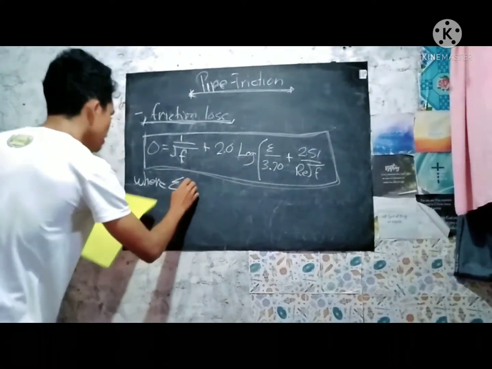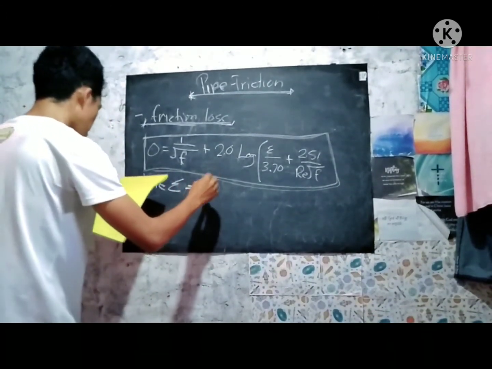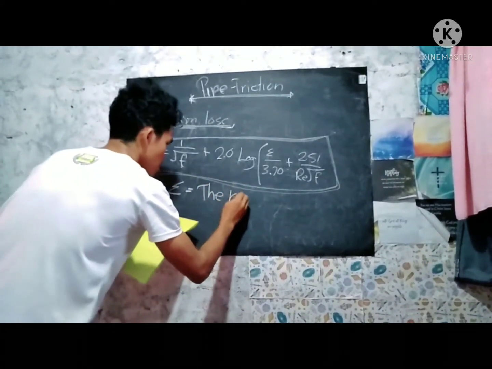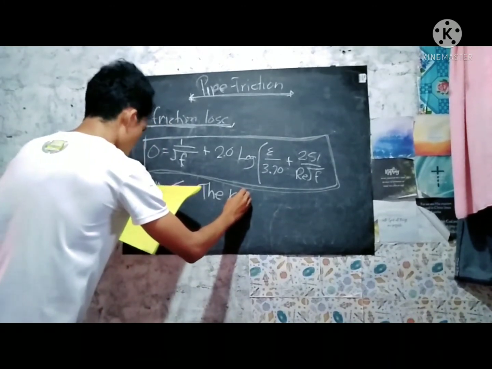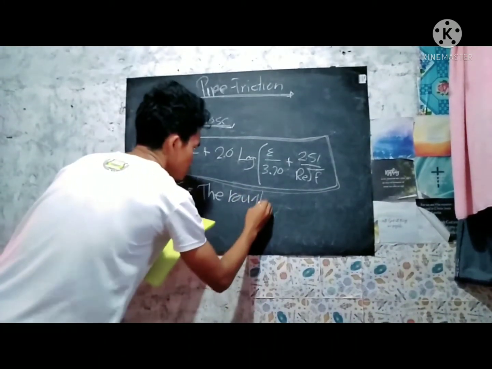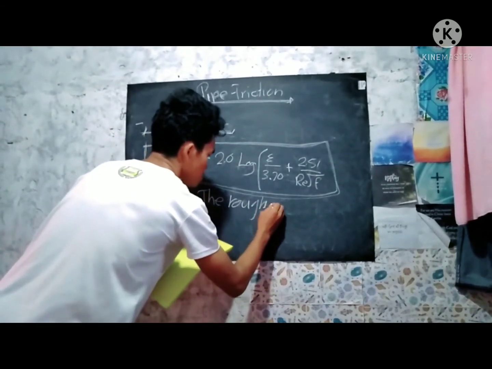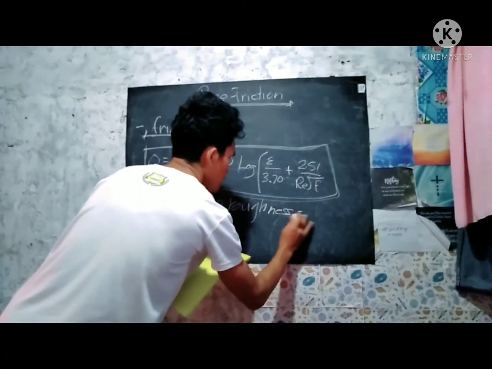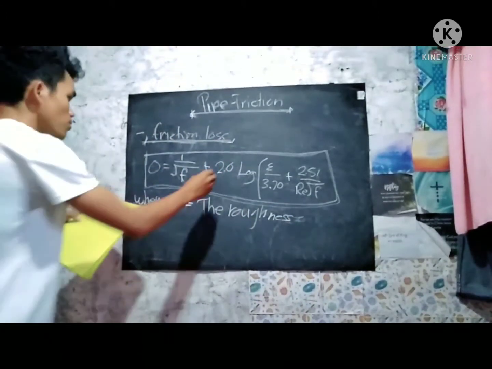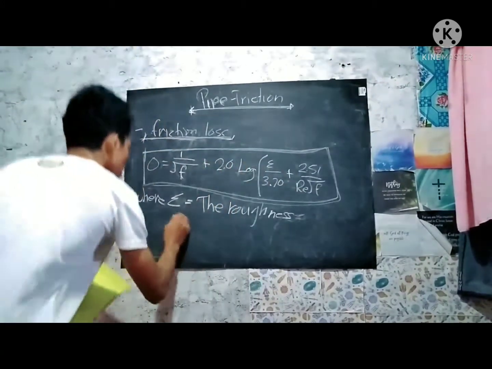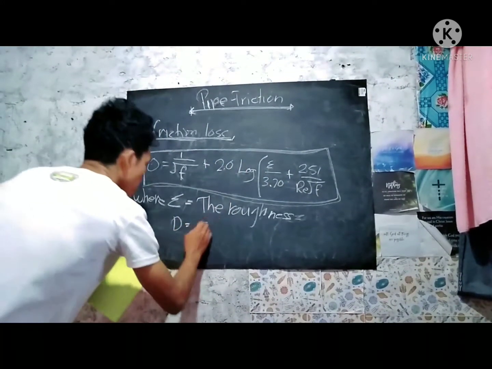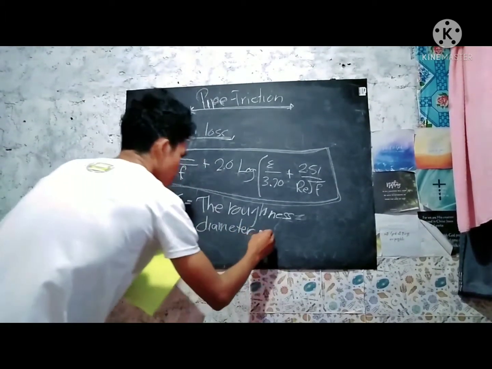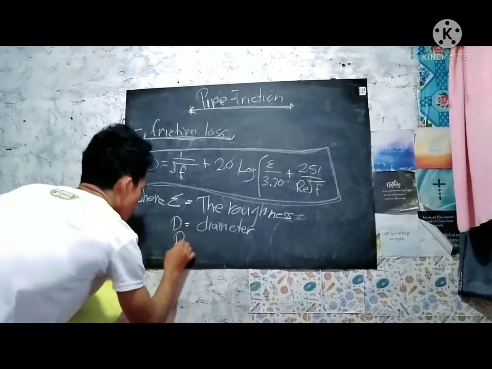Where e over here is the roughness of the pipe, D is the diameter, and the last one is Re.